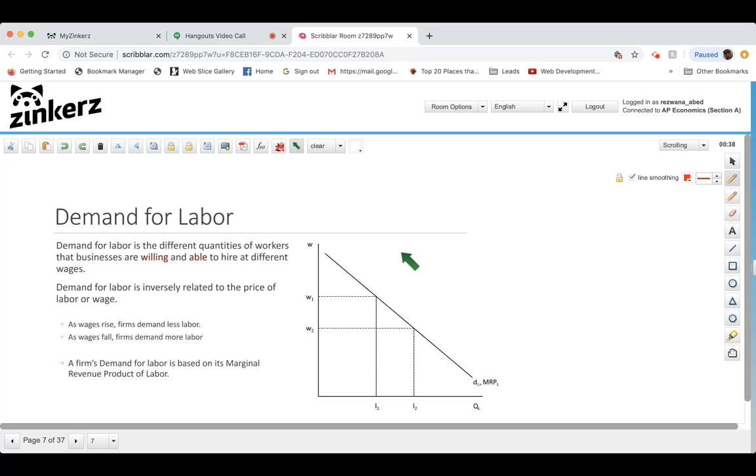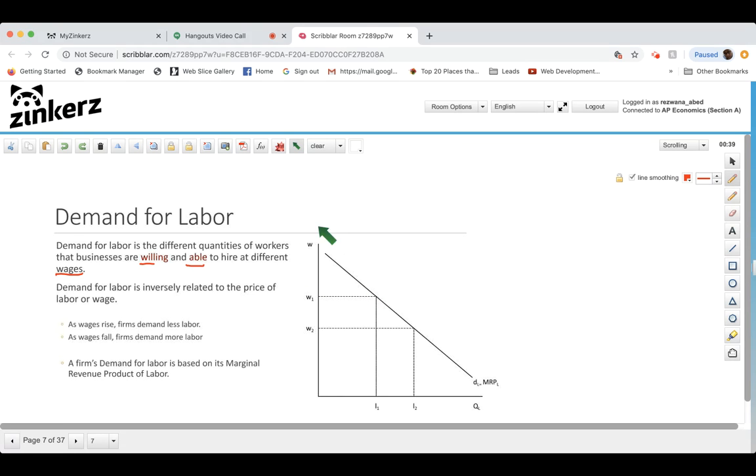We just saw the perfectly competitive labor market graph, with supply of labor and demand for labor. So what do we really mean by those things? The demand for labor is the different quantities of workers that businesses are willing and able to hire at different wages.